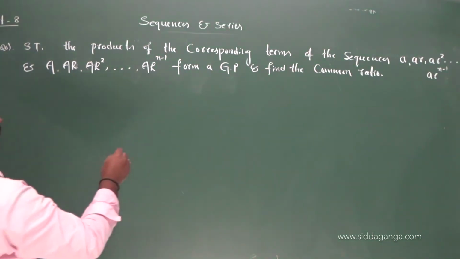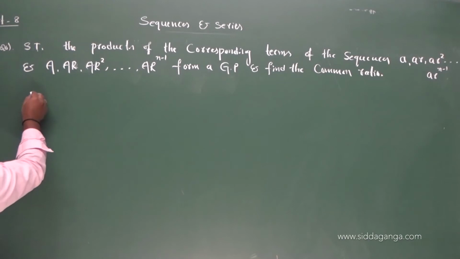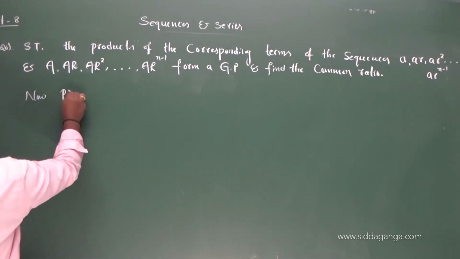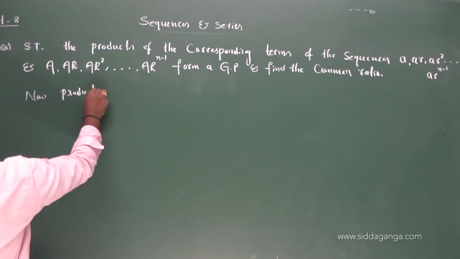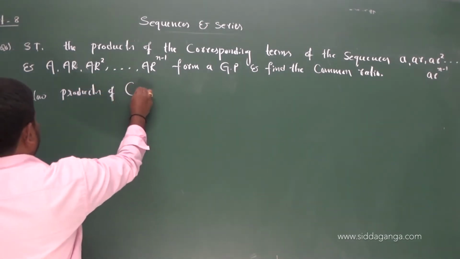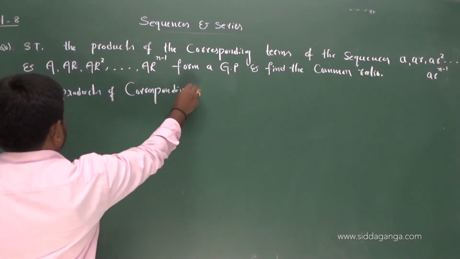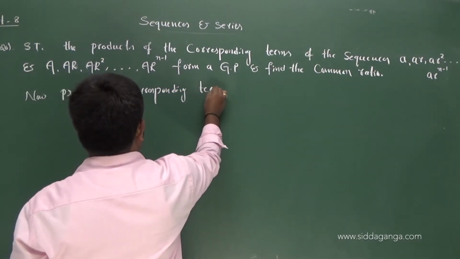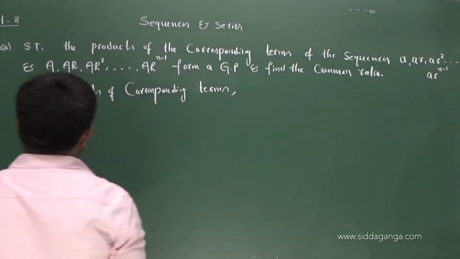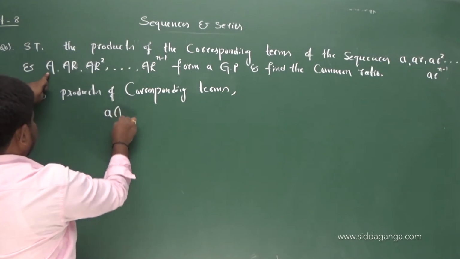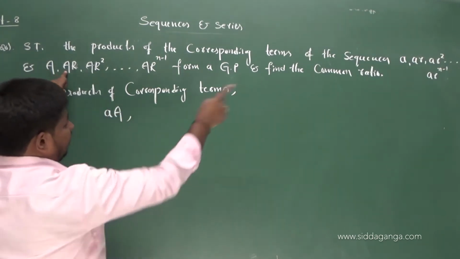The products of corresponding terms is given by: the first term is A into A. Second term is AR into AR.